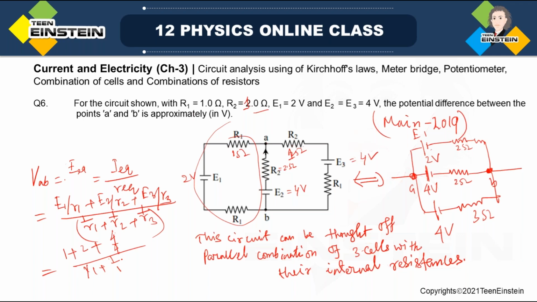These are all 1 ohm. That means 1 over 2. Oh no, this is 2. R2 is 2. This is also 2 plus half.